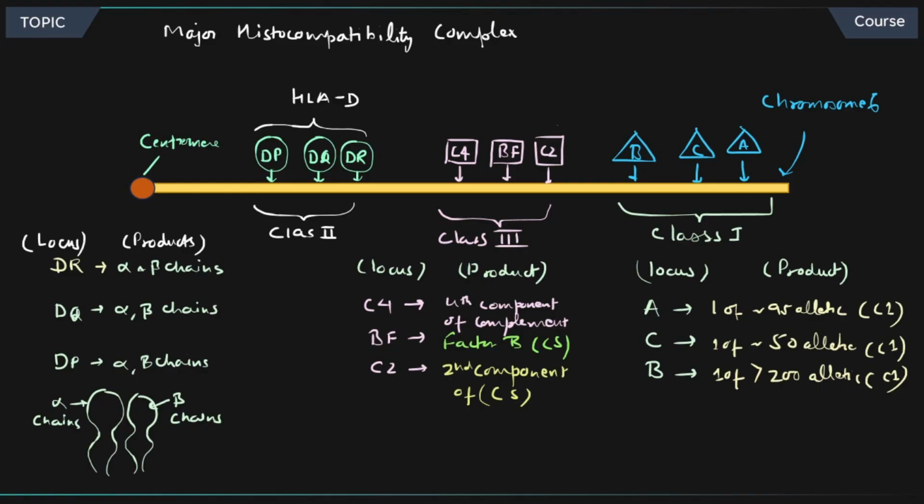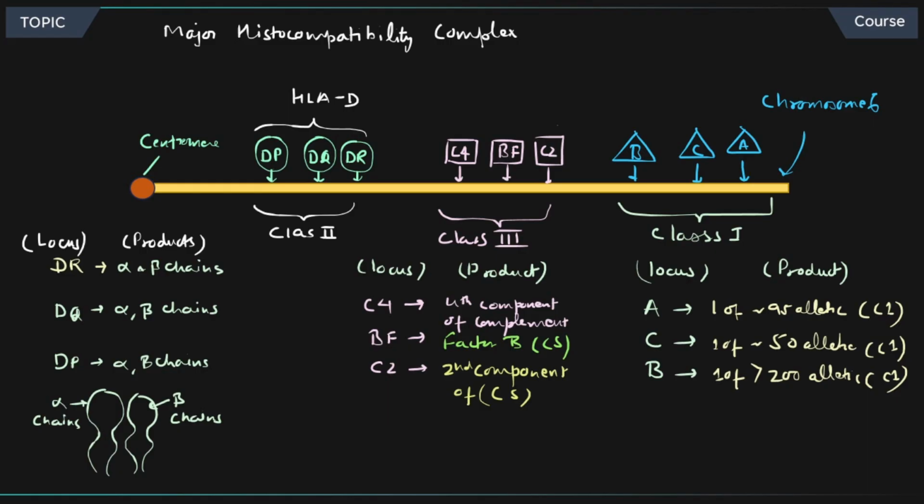I think we now have thousands of alleles for these particular genes, and each will contribute only one specific allele from those thousands. Obviously it comes from your parents, mother and father, and they are codominantly expressed. That is the most important point in the MHC complex.